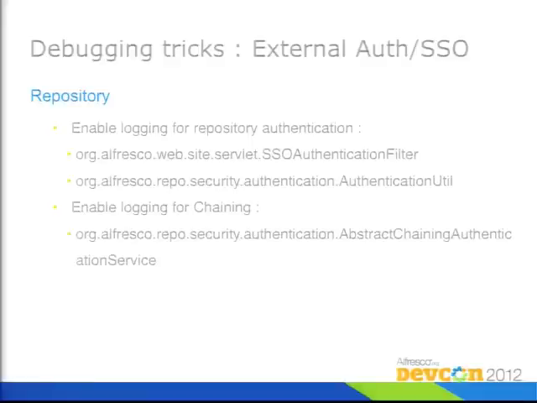And you can enable the authentication util as well in order to get details on step-by-step authentication on the repository side. Starting from version 4.2, you can enable the chaining service logging in order to have information about which chaining components and which subsystem accepted the user authentication and which one rejected.